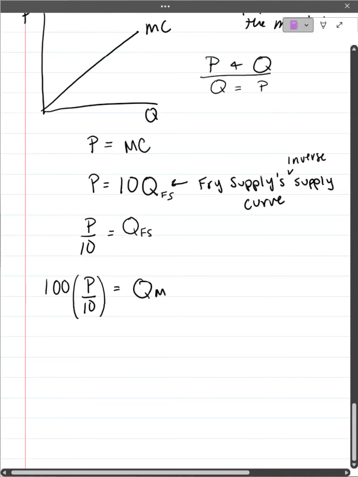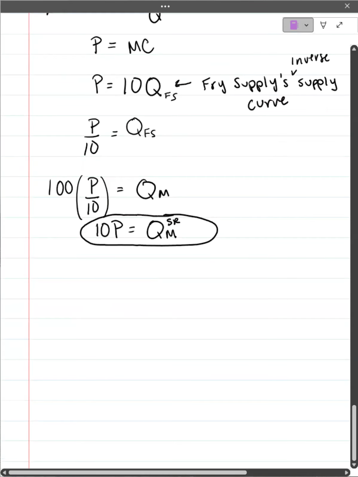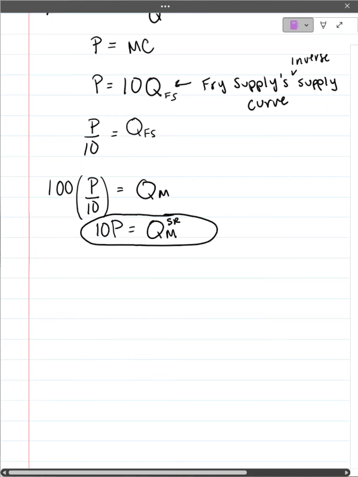All right, so 100 times price divided by 10, that's going to leave us with 10 times the price equal to the quantity of fries produced on the market. And that is our answer, right? That is the short run market supply curve for our market for fries. Okay. So 10 times the price of fries will be produced in this market.